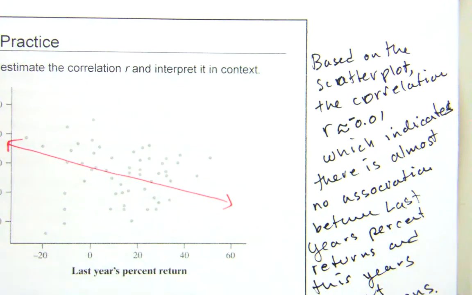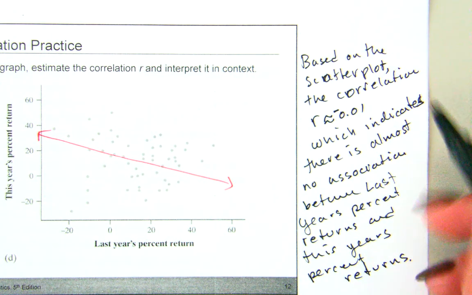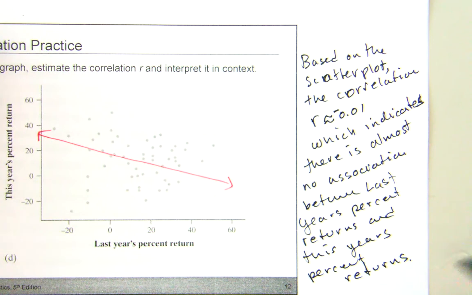Okay, sorry. So based on the scatter plot, the correlation is approximately close to negative 0.01, which indicates there's almost no association between last year's percent returns and this year's percent returns. And interpreting in context means finishing out the sentence and using the labeling for the x-axis and the labeling for the y-axis. Okay, so now it's your turn.